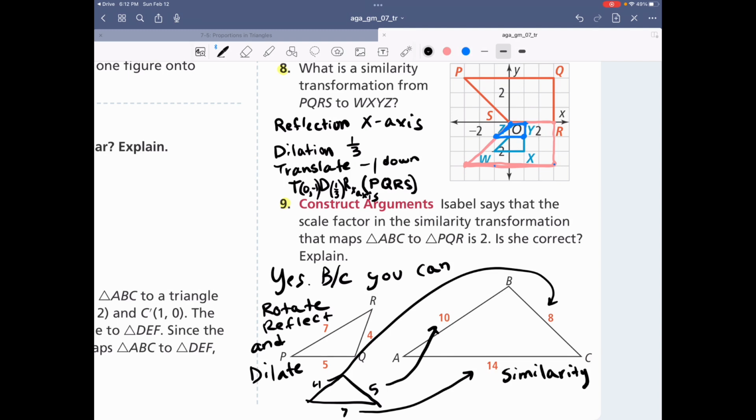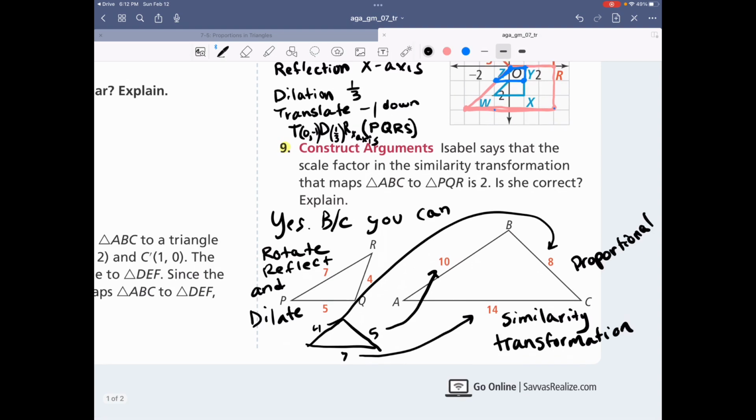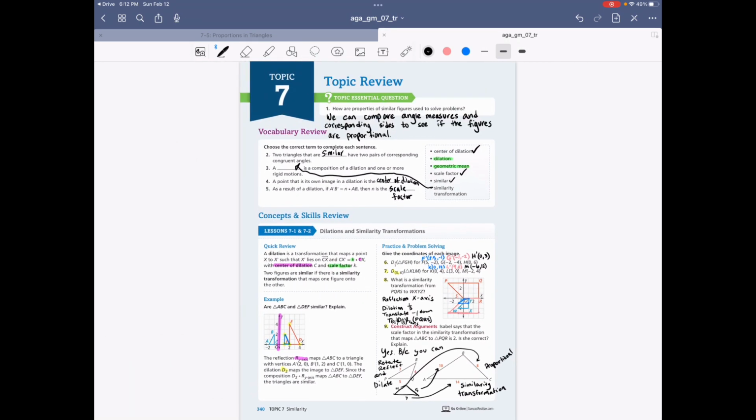We could also set up proportions to show that, because each thing that we multiplied by 2, so it's proportional. Similarity transformation, proportional. So you should know what these words mean and be able to use them in your explanations. And you will be allowed to use this review page on your test tomorrow.